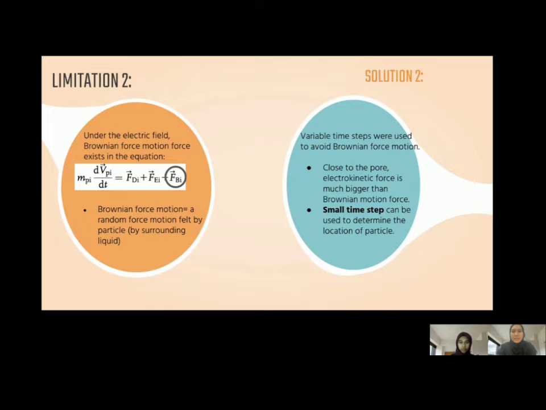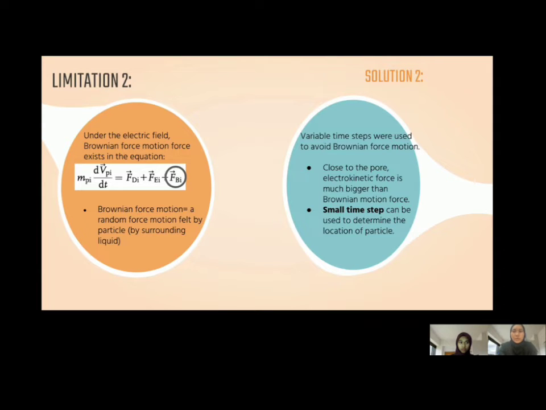The equation shown in the white box is the Langevin equation, which is used to calculate the particle motion in the electrolyte suspension, as this separation process was implemented in an electrolyte environment. The Brownian force motion is a random force motion felt by the particle, exerted by the surrounding solution.